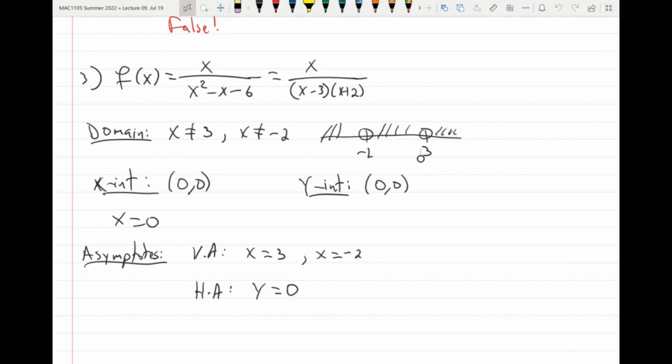So draw your x and y axes, then draw the asymptotes first: the pair of vertical lines and the horizontal line, the x-axis.